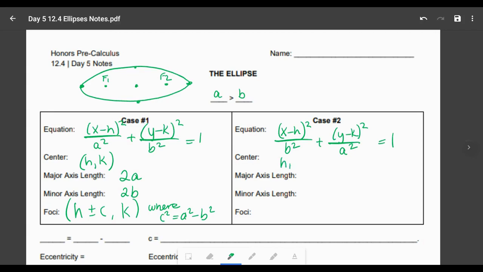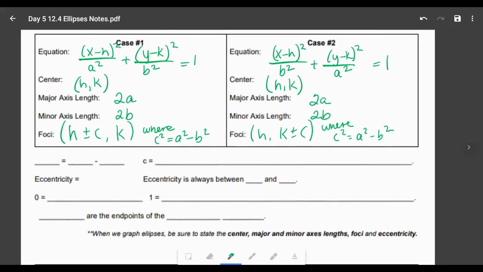The center is still going to be (h, k). The major axis will still be twice the length of a, and the minor axis will be twice the length of b. And the foci will be at h, comma, k plus or minus c. And again, c squared equals a squared minus b squared.